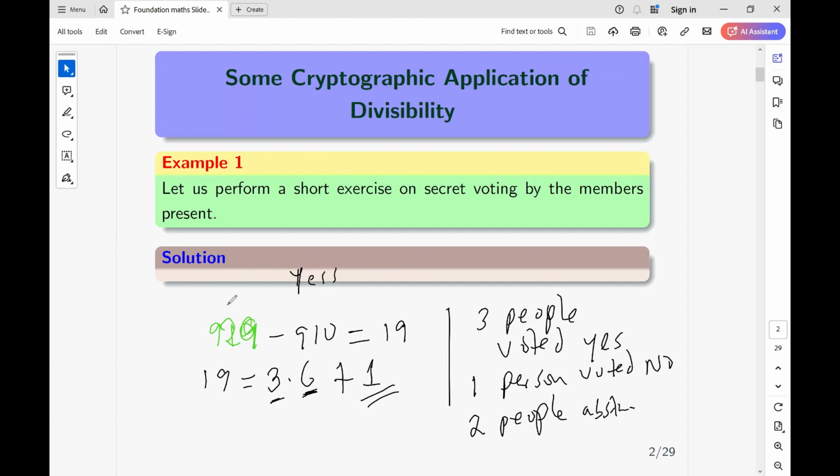So if the committee is not very friendly, some people can collude to tell what the other party voted. And by so doing, if they want to cause some harm to that person, they will do that. So it means it's not a very secure way of voting.